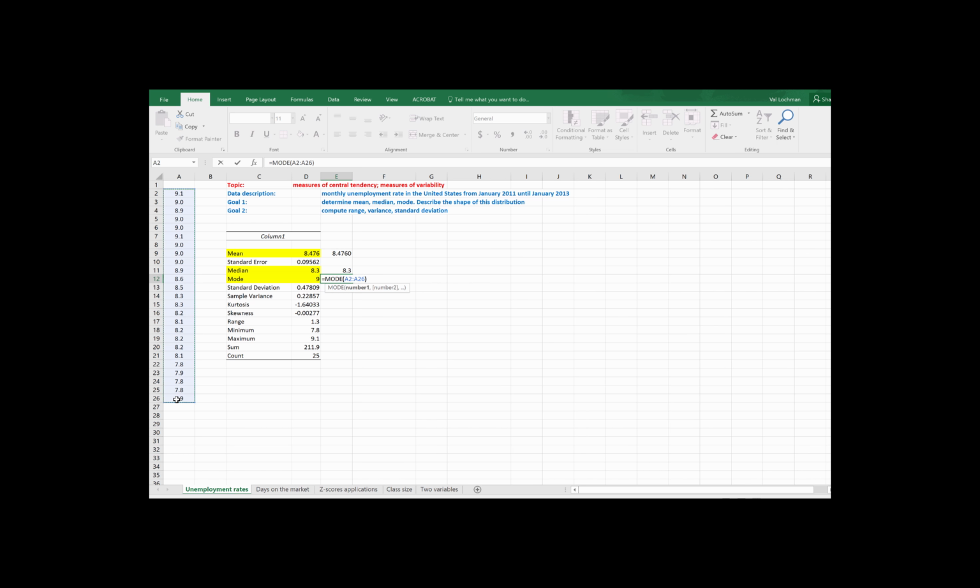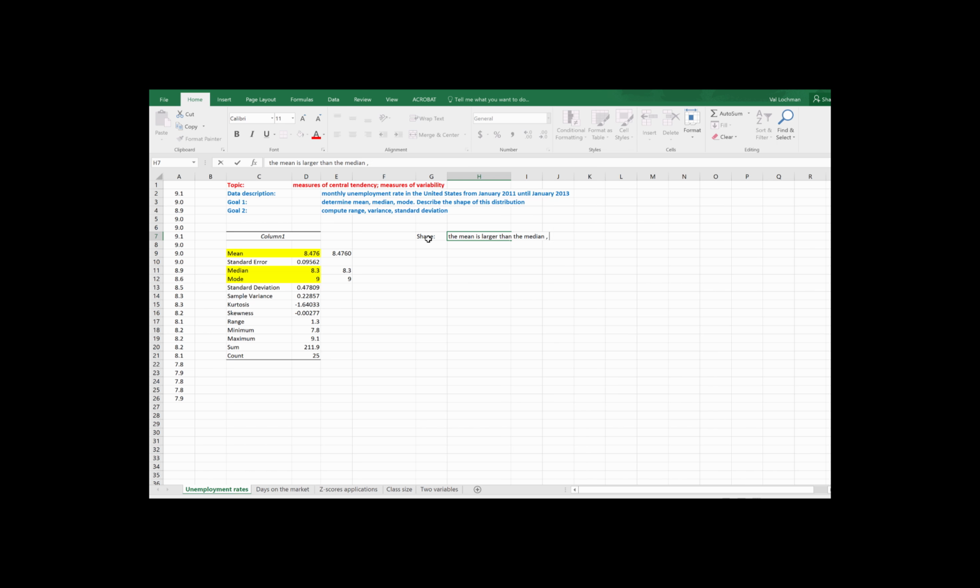You don't need to do this once you have all of your characteristics in this table. But just in case you wanted to see if there's a way to compute just one of these, the answer is yes. Okay, so now we need to describe the shape of this distribution, right? Shape. Okay, so what's the deal here? We're going to take a look at mean and median, and the mean is larger than the median.